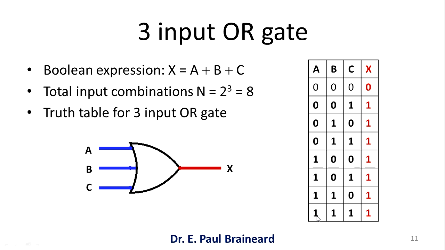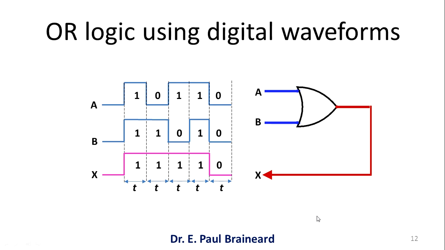The OR logic using digital waveforms is shown in the figure. If at least one of the inputs is high, the output is high. When there is no high input, then the output is low.